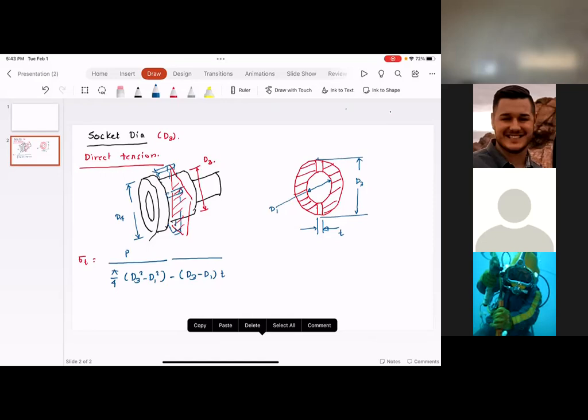Because please understand, here we have not considered the action of combined loading. What we assume is that this rod is just failing in tension. That's not true. That rod is subjected to tension, compression, and shear, and because of all that, there will be principal stresses that we are not considering at all.